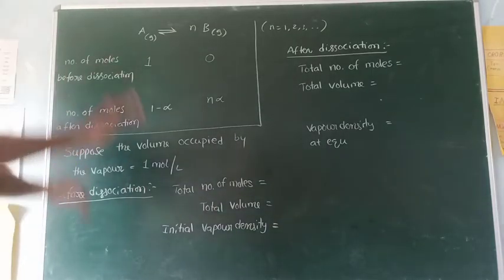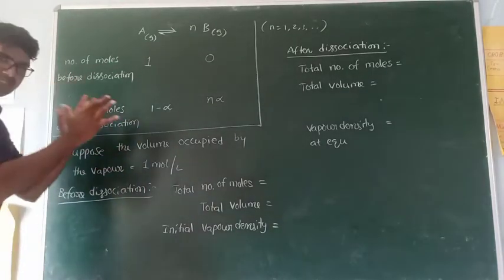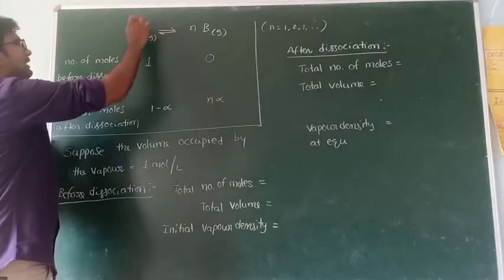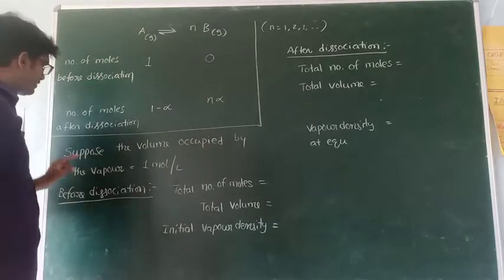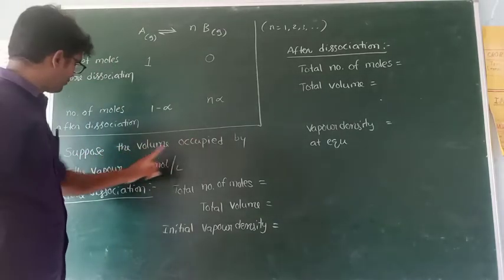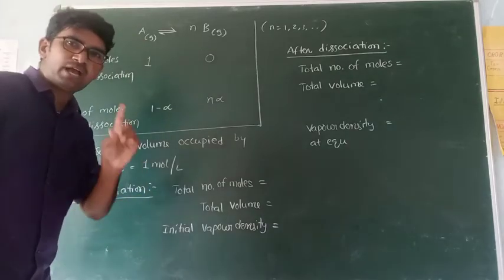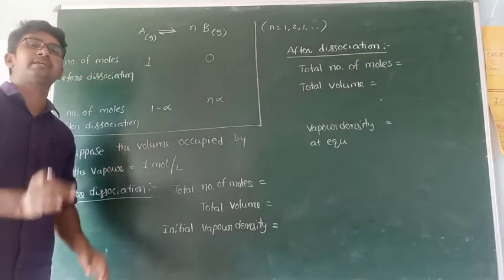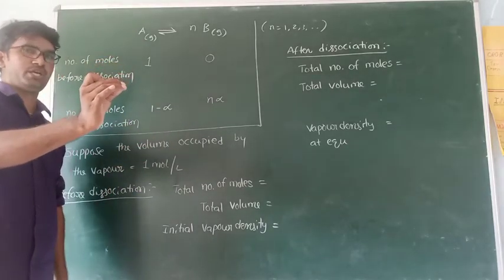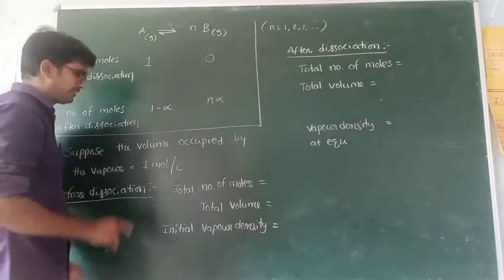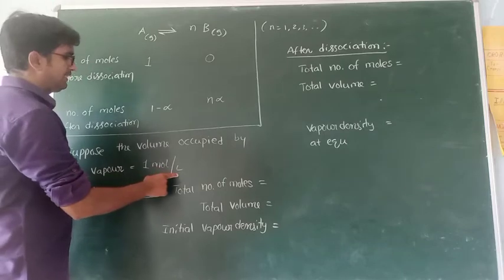Now listen carefully. One reaction. In this reaction, initially only the reactant is present. Suppose the volume occupied by the vapor. Vapor means gas. Initially we have only one reactant. How much volume it occupies, we can write in one expression, that is 1 mole per liter. Why?